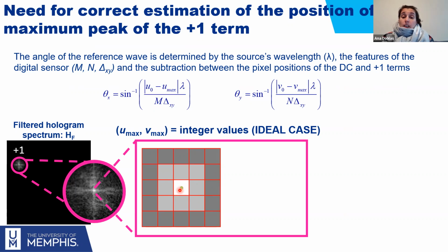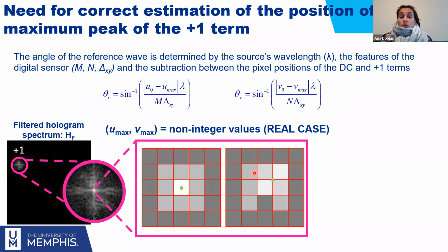But there are gonna be cases where the angle of interference does not coincide with the integer value of a pixel. We're gonna deal with this kind of situation experimentally. So we can estimate the maximum, and the code can give us one of these two values, but these are not good enough for an accurate reconstruction.